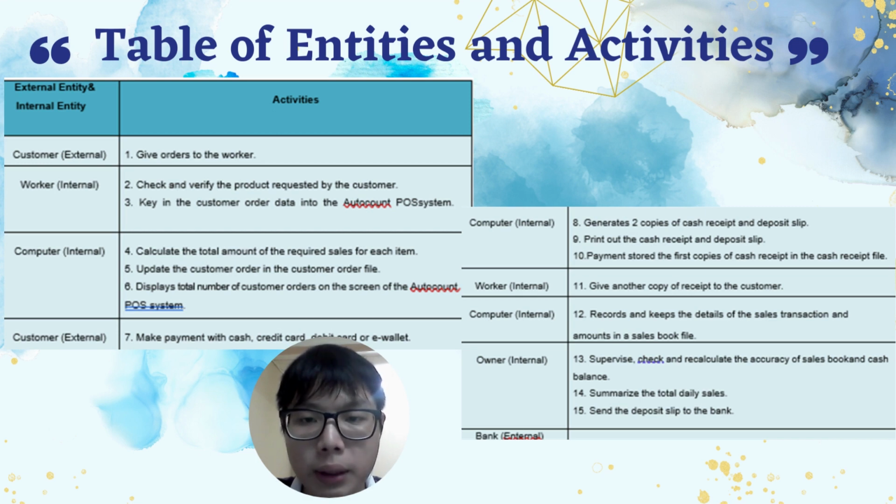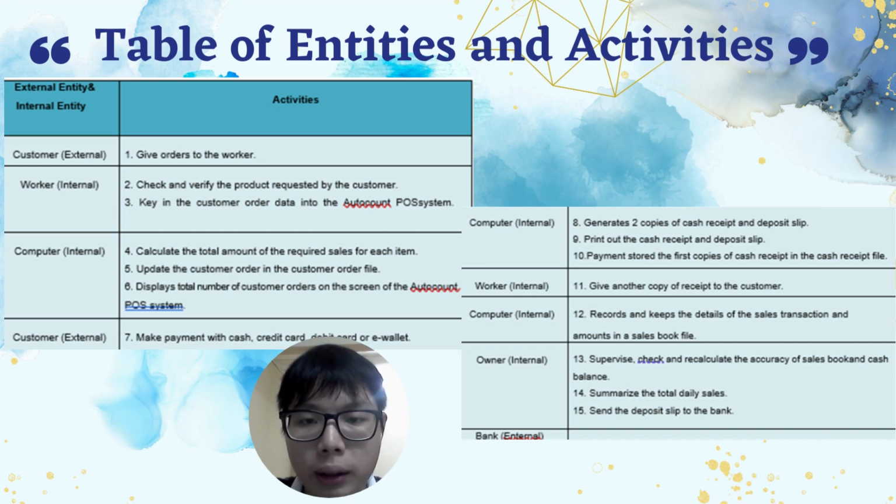The customer will give the order to the worker. The worker will receive the customer order, check and verify the product required by the customer. The worker then keys in the customer order data into the AutoCount system.